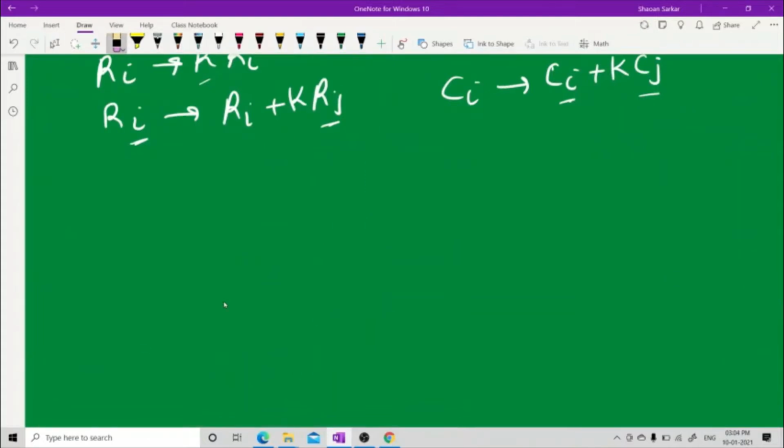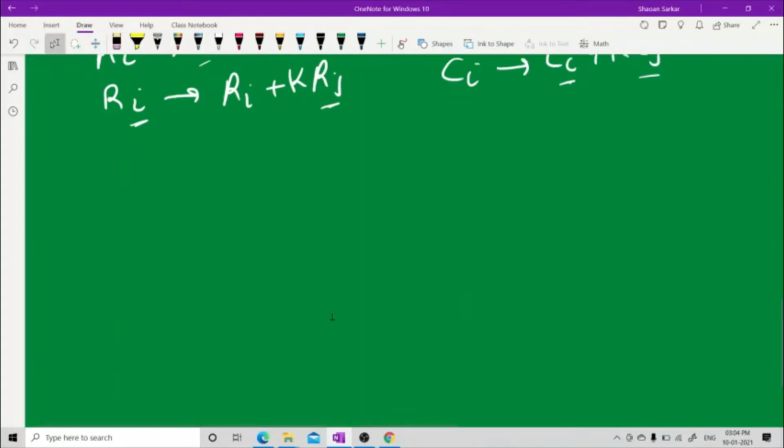Now I will write down the problem again for you: 1, 1, 1, a, b, c, a square, b square, c square. What you do is try to make zeros here, here and here.